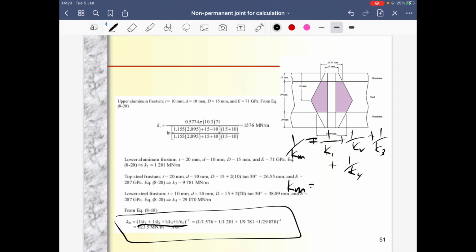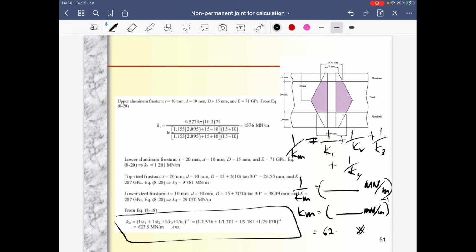But because you already know k1, k2, k3, k4, you just insert the values in meganewton per meter, and then you get km. The final answer is 623.5 meganewton per meter.